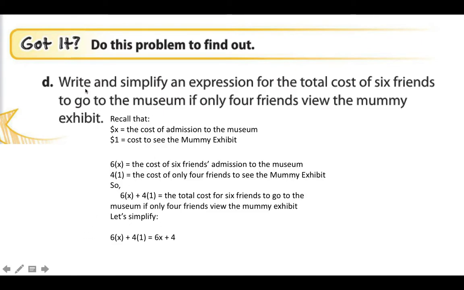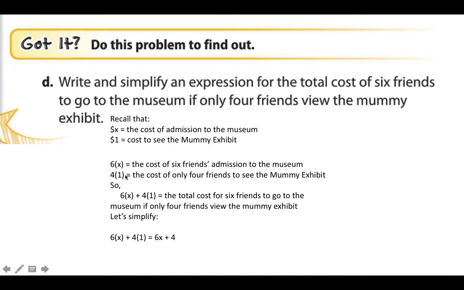Well, it says write and simplify an expression for the total cost of 6 friends to go to the museum if only 4 friends view the mummy exhibit. All right, so let's get our ducks in order. 6x, where x is the cost of admission, is the cost for all 6 friends to get into the museum. Now, the problem tells us only 4 friends are going to view the museum exhibit.